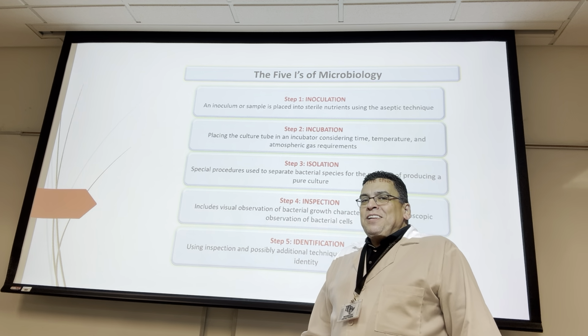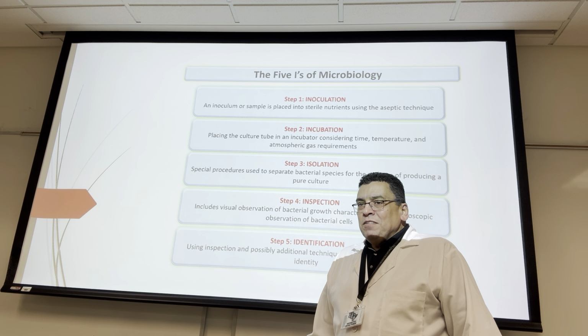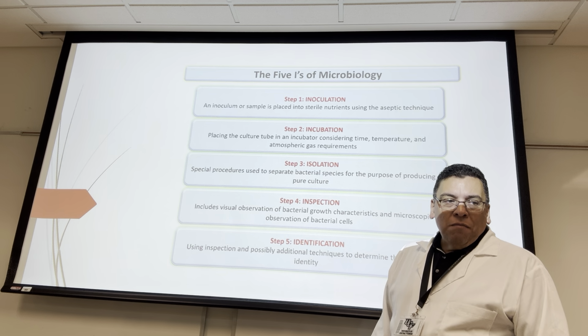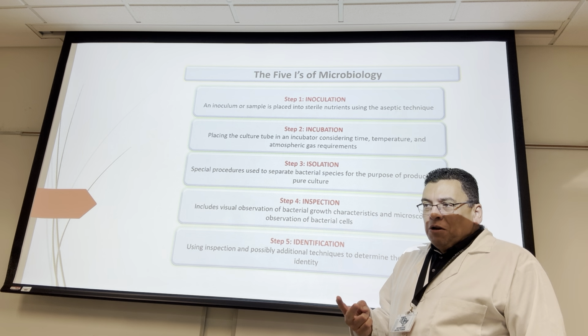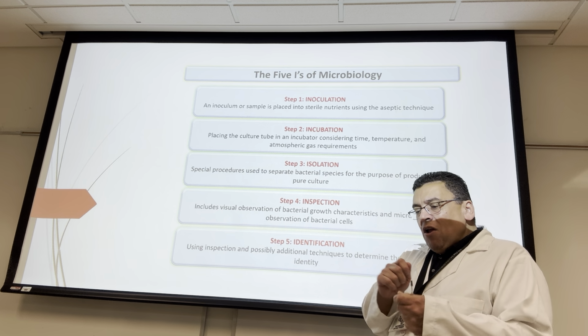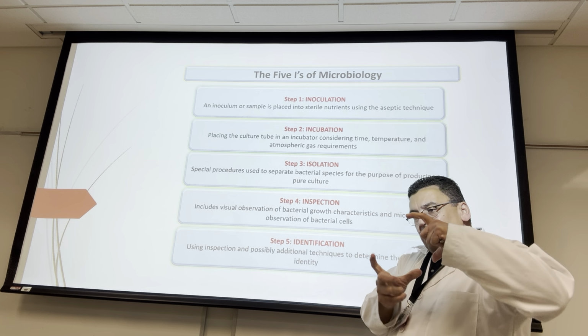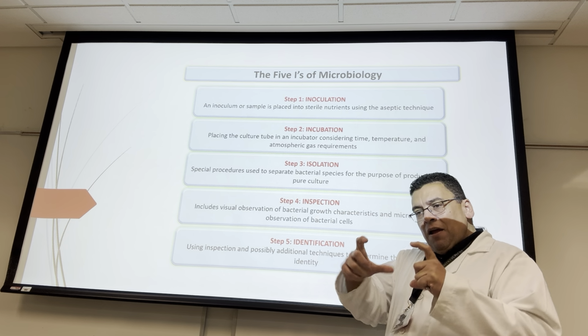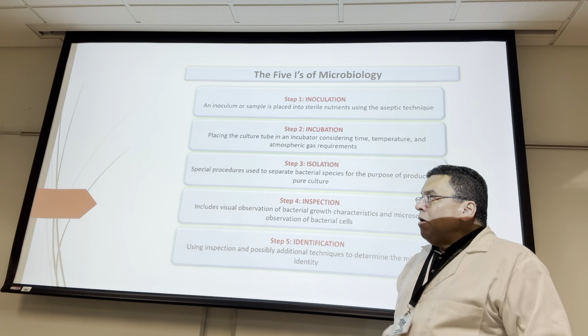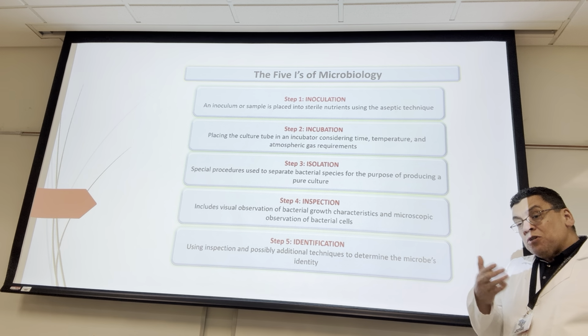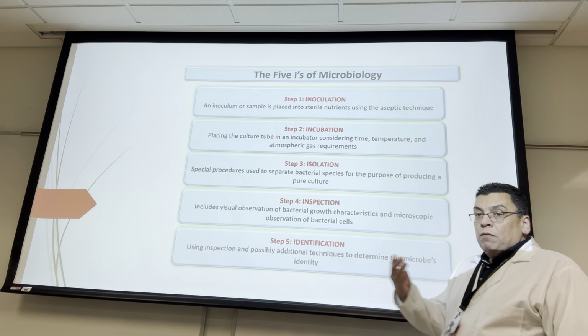And then you guys did it, isolation. Remember when you used the quadrant streak method? That was only 2 days ago, so hopefully you remember. You inoculated your plate, you did the Z, the tight Z, you turned your plate, did another one, turned the plate, did another one. You did 4 of them. And the purpose of that was to go from a mixed culture into a pure culture.